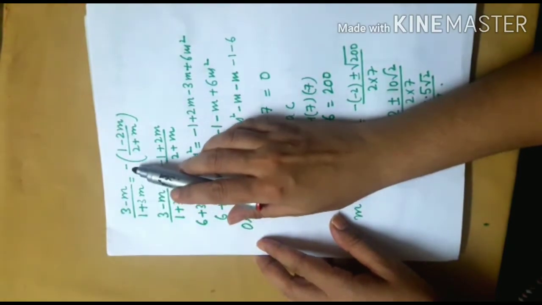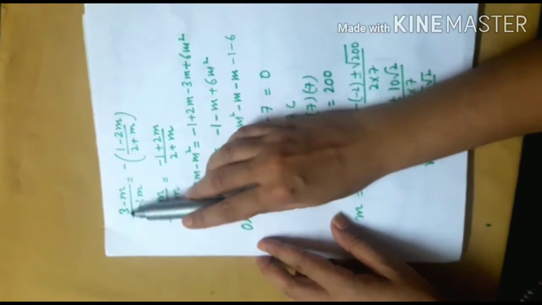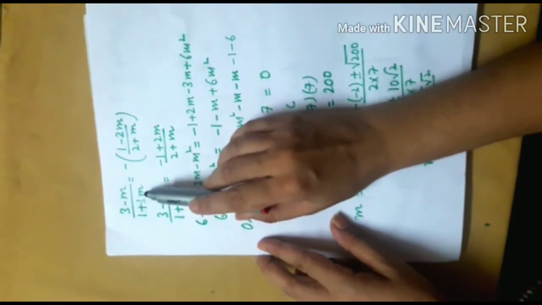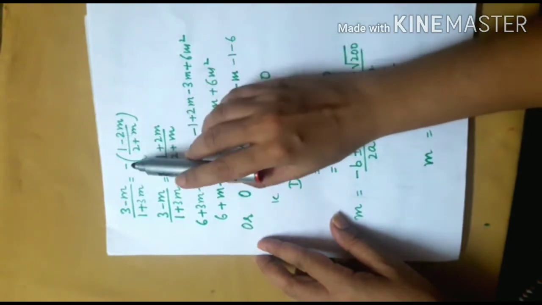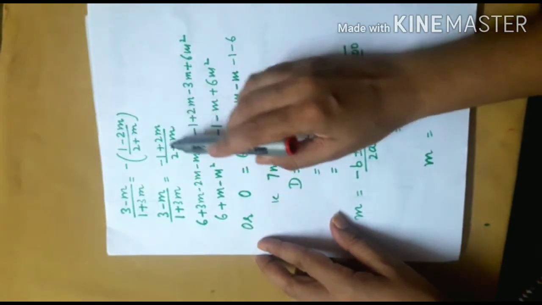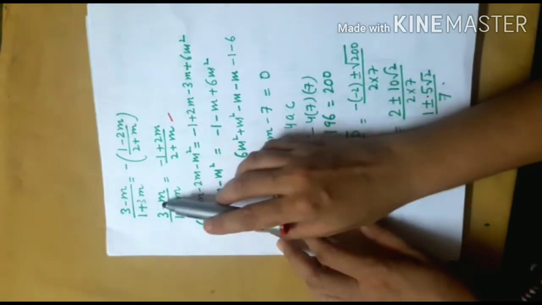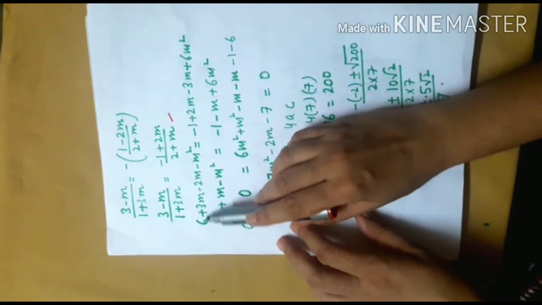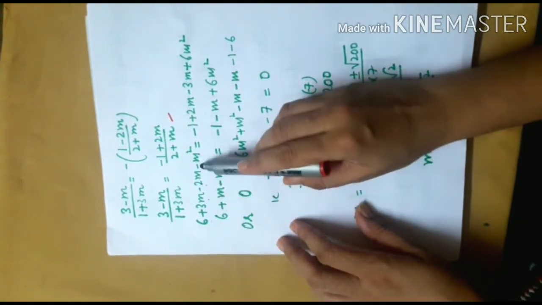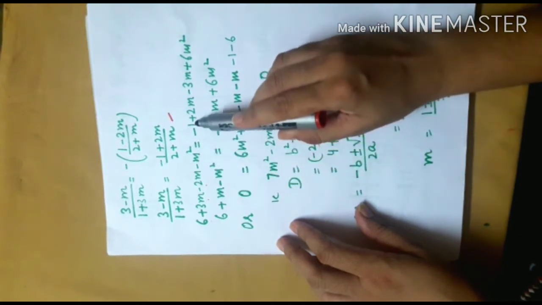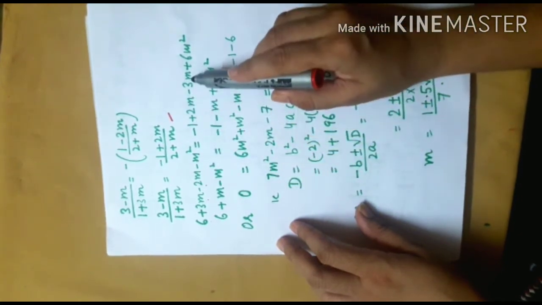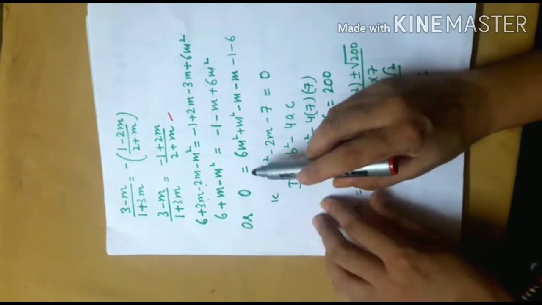Now I take the negative sign, so I'll get 3 minus m over 1 plus 3m equal to negative of 1 minus 2m over 2 plus m. Cross multiply, I'll get 6 plus 3m minus 2m minus m square equals minus 1 plus 2m minus 3m plus 6m square.